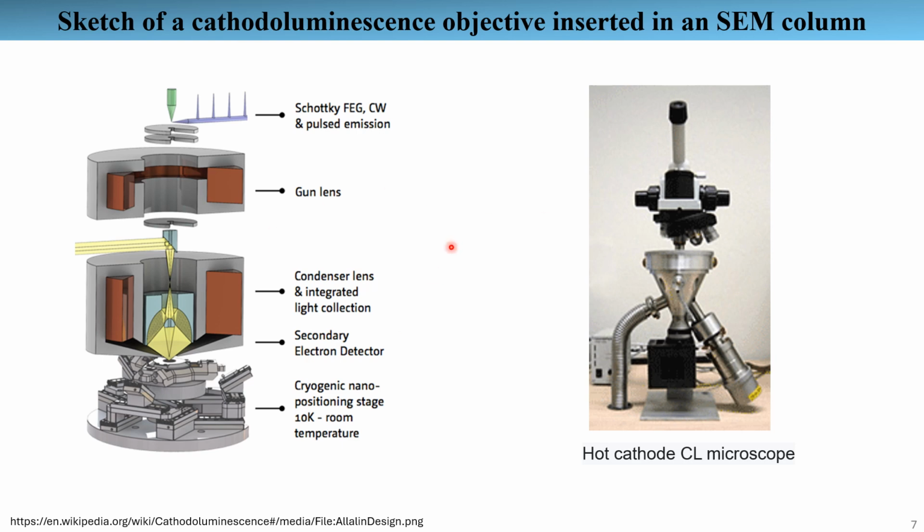This is the sketch of a cathodoluminescence objective inserted in an SEM column. In SEM, a focused beam of electrons strikes a sample and induces it to emit light that is collected by an elliptical mirror.